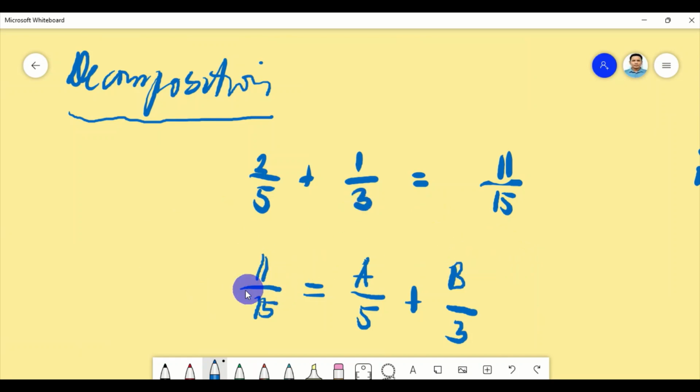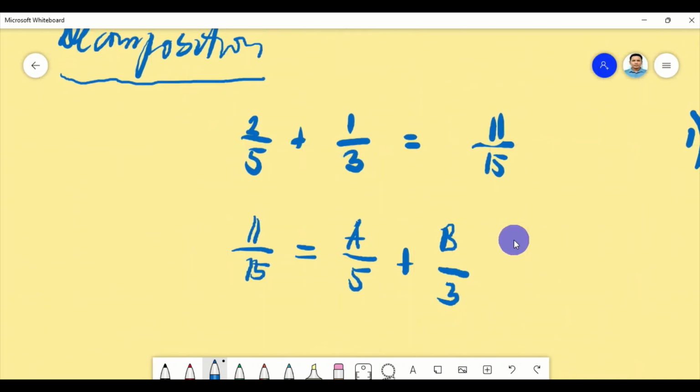So we have instead 11 over 15, and we're going to look at the two numbers that will give us 11 over 15. So in this case, 11 over 15 is equal to a over 5 plus b over 3.